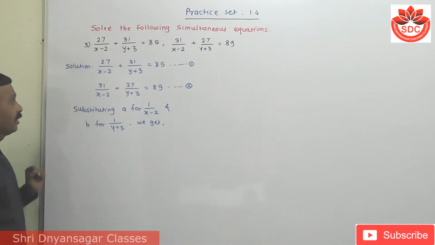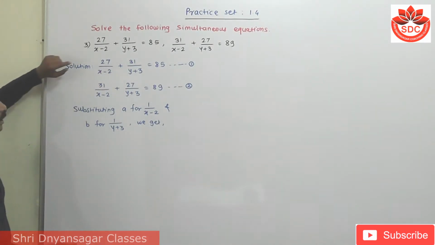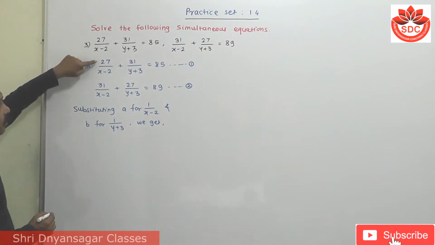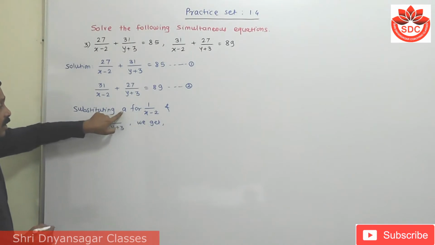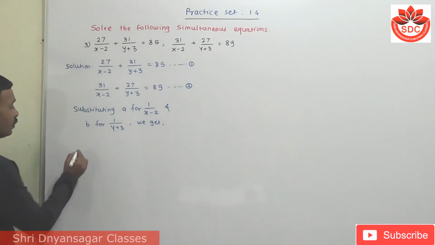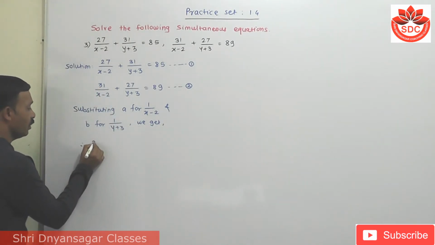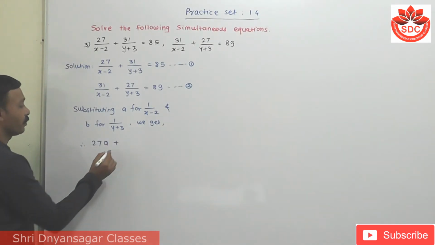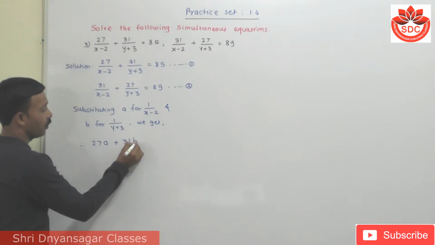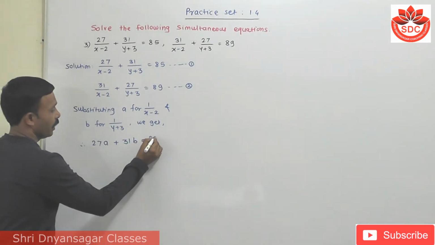We get the first and second equations like this. Look here, 27 into 1 upon x minus 2, but 1 upon x minus 2 is a, so I have to substitute these values. Then we get the equation 27a plus 31b is equal to 85.